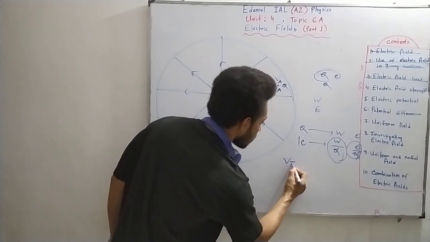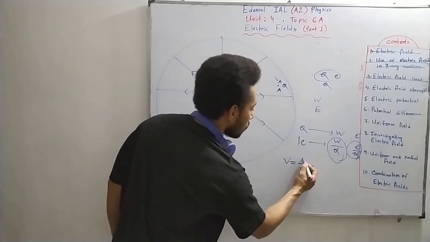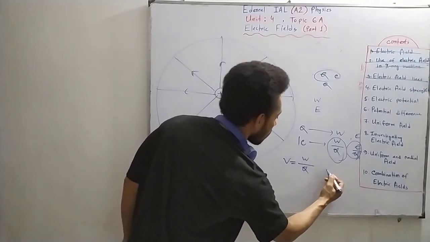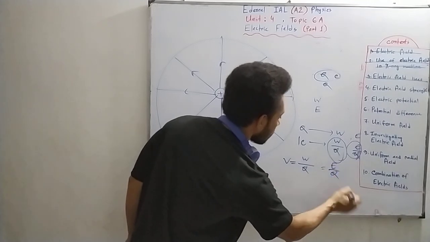So electrical potential V is equal to W by Q or E by Q.